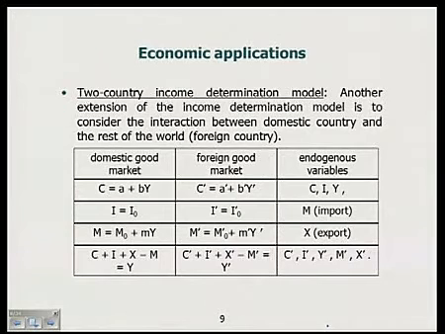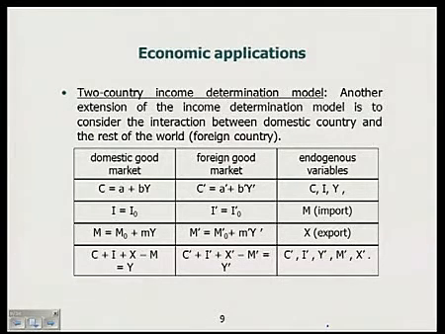Then we can do another model, the two-country income determination model. Another extension of the income determination model is to consider the interaction between the domestic country and the rest of the world. This we call the foreign country.